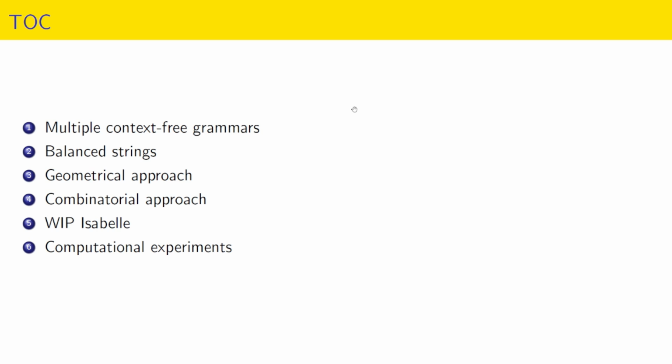And then we introduce the new proof, which is combinatorial, so it tries to cut away the geometric bits. And I have some work in progress in Isabelle, trying to implement this proof. And also some computational experiments that I got from the Isabelle executable definitions. So I hope there's something interesting there.